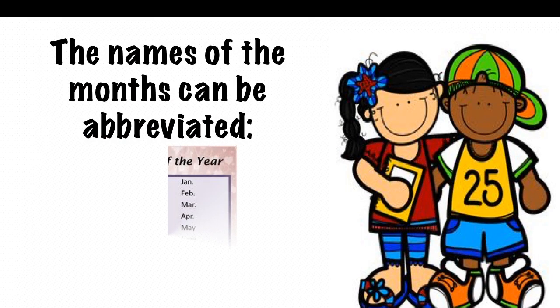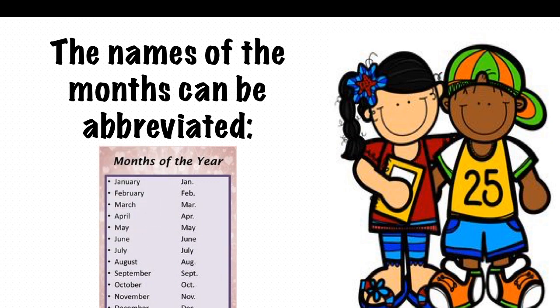Next one, we use abbreviations for the months of the year. Look at the words. January, Jan period. February, Feb period. March, Mar period. April, APR period. May, we do not abbreviate. June, we do not abbreviate. July, we do not abbreviate.